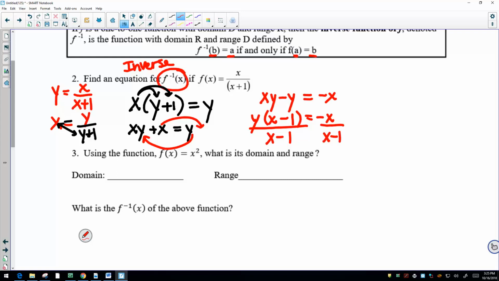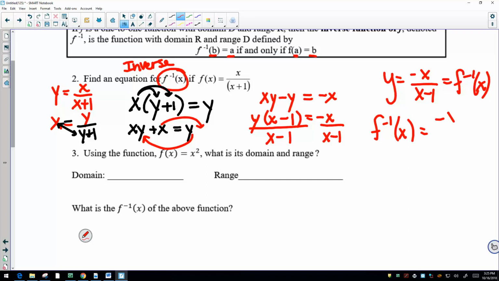And now we can see over here our function y equals negative x over x minus 1. And keep in mind what that y is really saying. This y here is really f to the negative 1 of x, or your inverse. So our final answer is negative x over x minus 1. That is your inverse function.